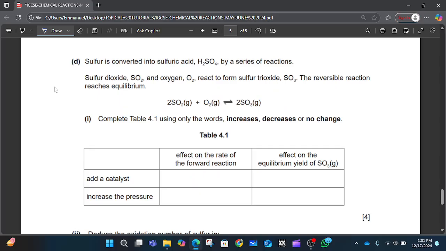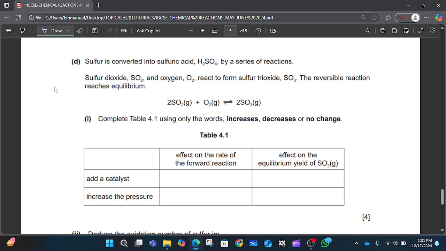D. Sulfur is converted into sulfuric acid, H2SO4, by a series of reactions. Sulfur dioxide, SO2, and oxygen, O2, react to form sulfur trioxide, SO3. The reversible reaction reaches equilibrium. The reaction is 2SO2 gas plus O2 gas giving 2SO3 gas.